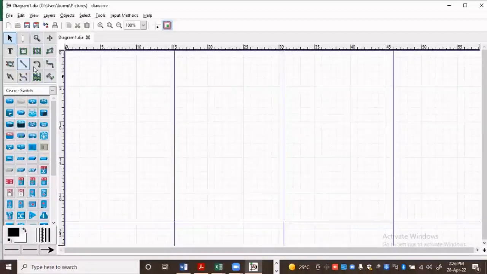But the key things are mostly right over here, where you see your key network devices and their images. You have Cisco switches.